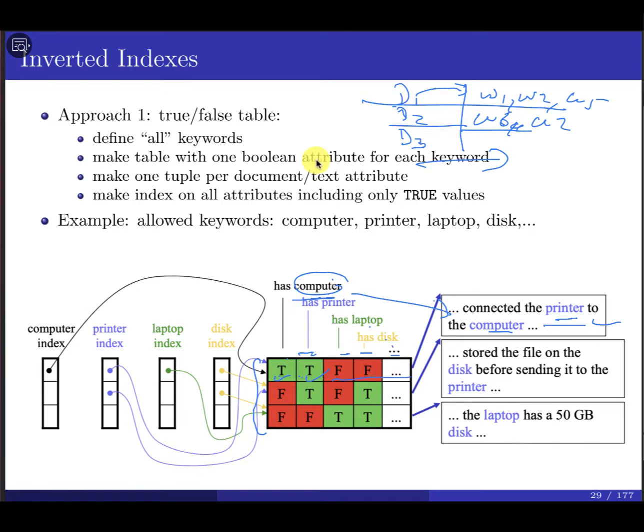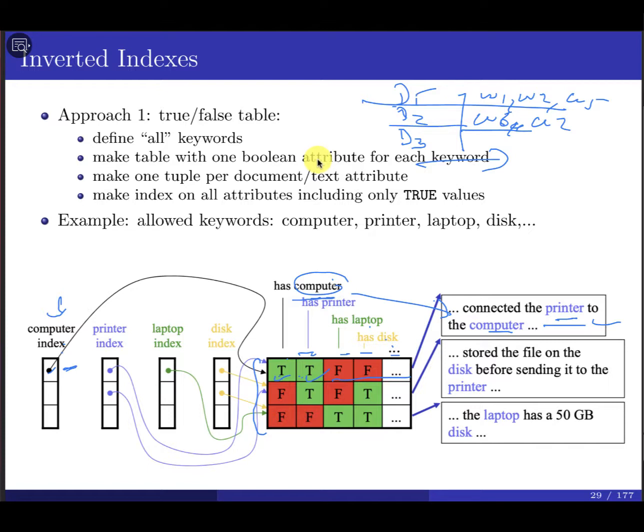And continue doing that. Then after that, on top of this table, we're gonna build an index for all the attributes, including only true pointers. It's gonna point to what? To the tuples where the value of this keyword is evaluated to true. For example, this computer index is going to have only a pointer to the document that contains computer as a word.